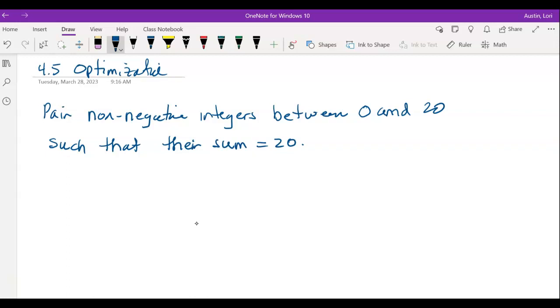And then of all these possible pairs, which pair has the maximum product?